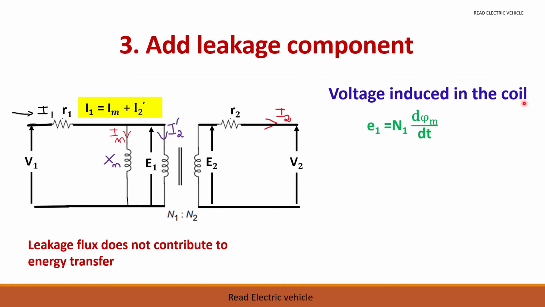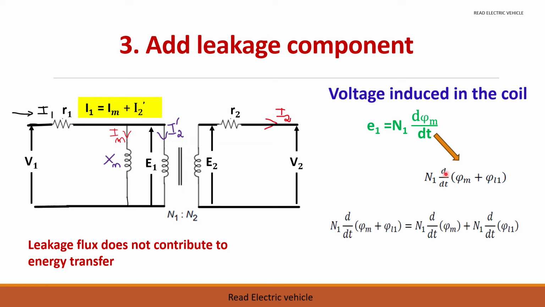The voltage induced in any coil, we know E is equal to N into d phi by dt. This is a general formula, Faraday's law. Now we are saying I have mutual flux plus leakage flux. So here N1 into d phi by dt is equal to mutual flux plus leakage flux. This is for primary winding alone.